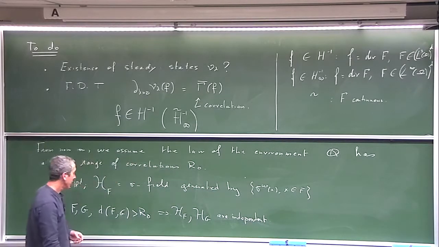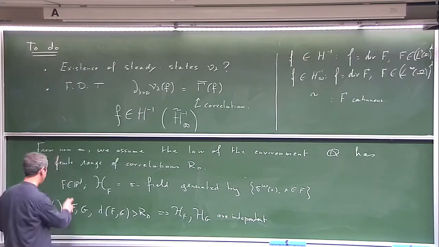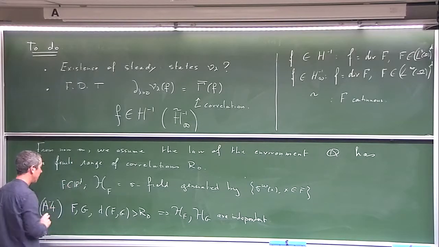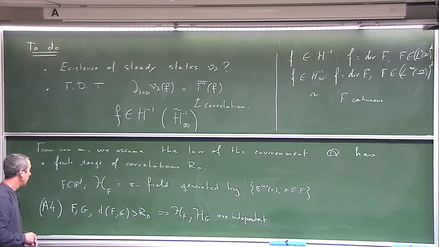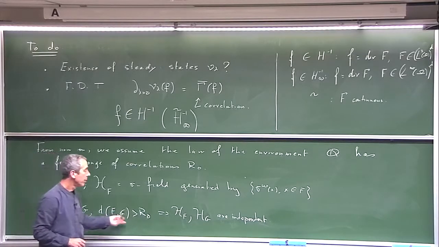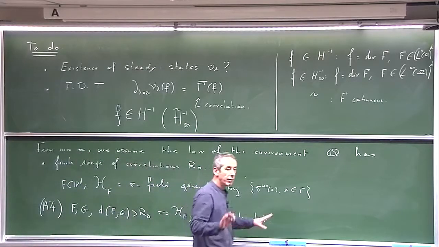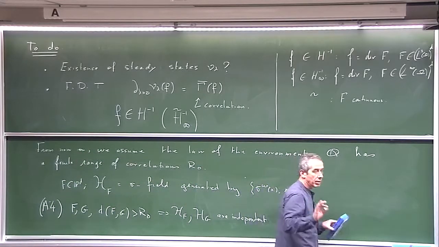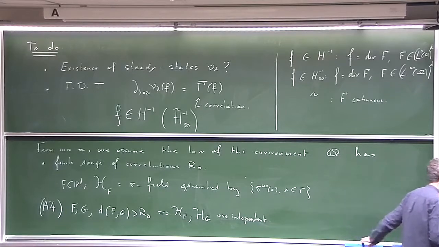Every subset of R^d. Yes, of course. Thank you. So F and G are subsets of R^d separated by a distance larger than R0, implies that the environment in F and the environment in G are independent. Now, if we assume that, then we can answer the questions.